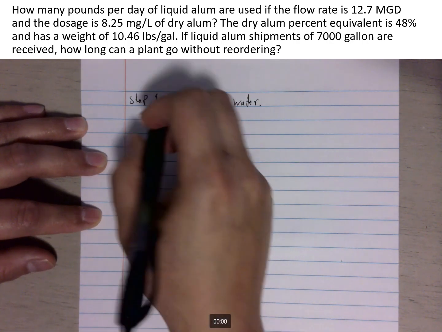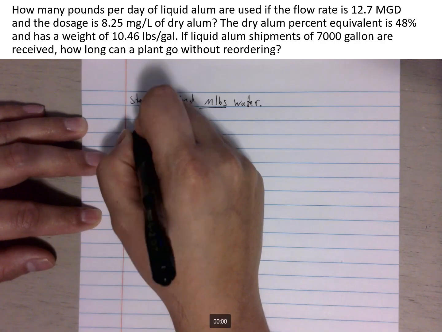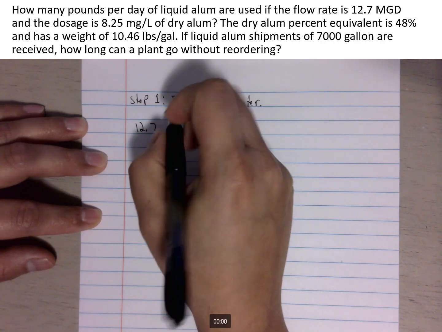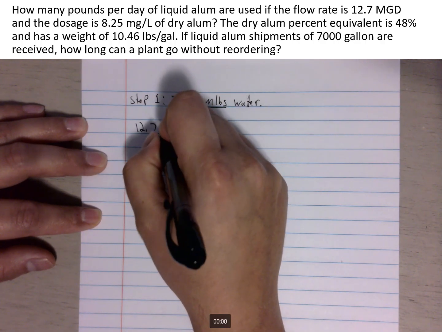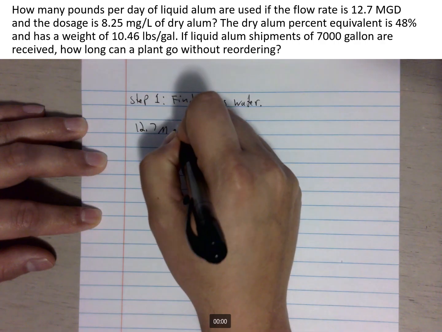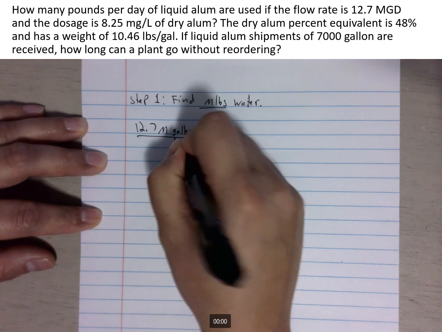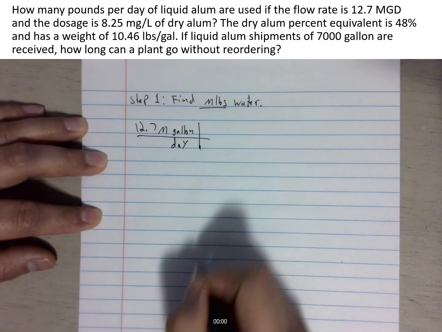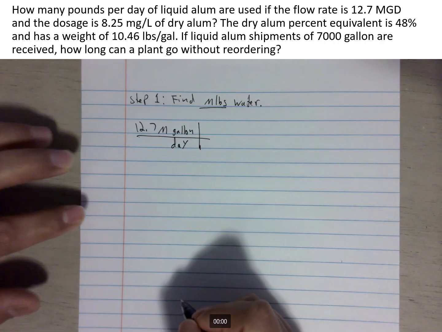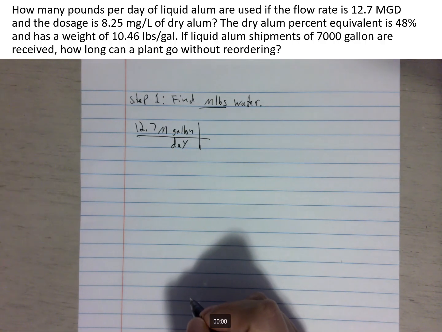From the problem statement, we're given that 12.7 million gallons are used every day. In the other problem statement, we were given a flow rate.